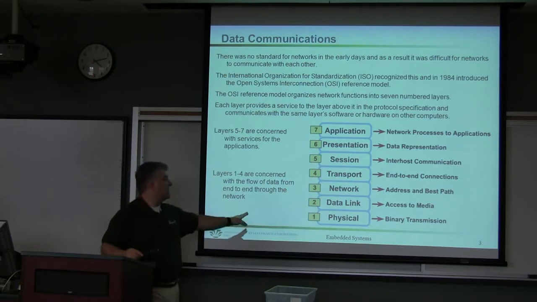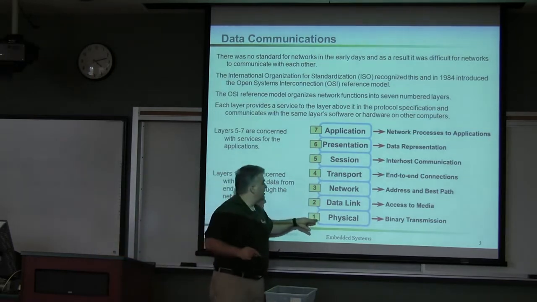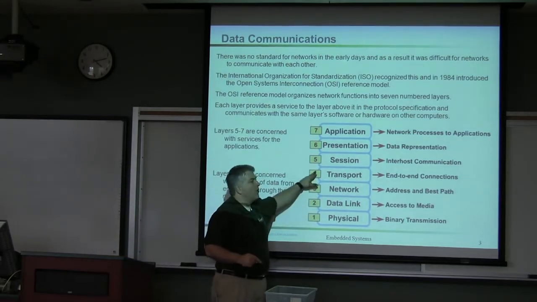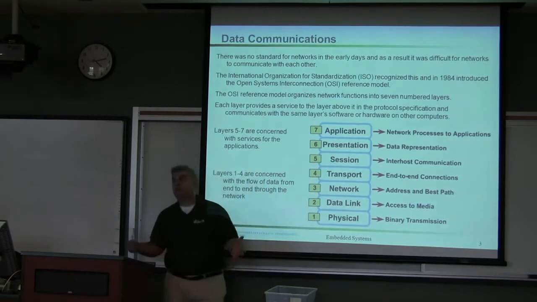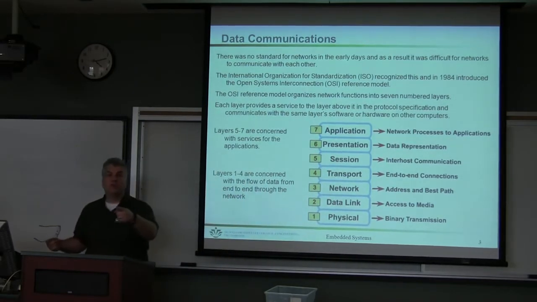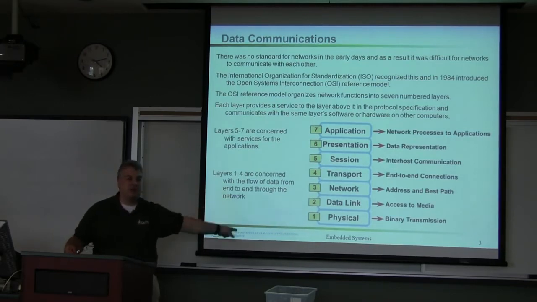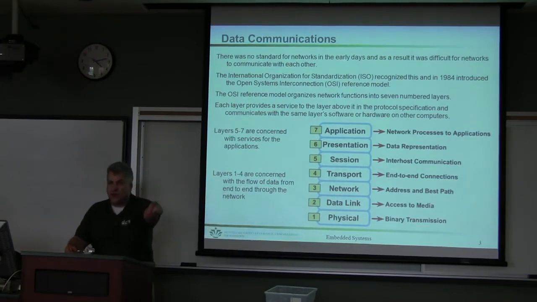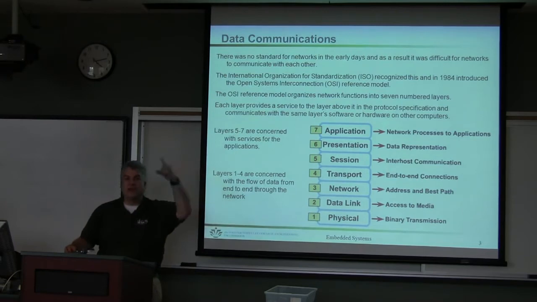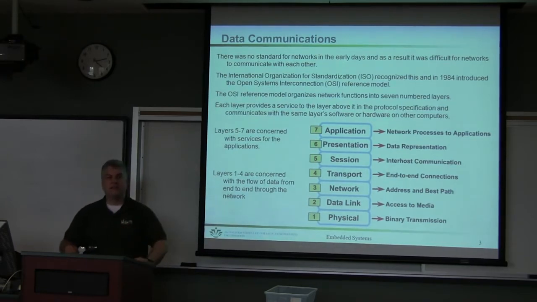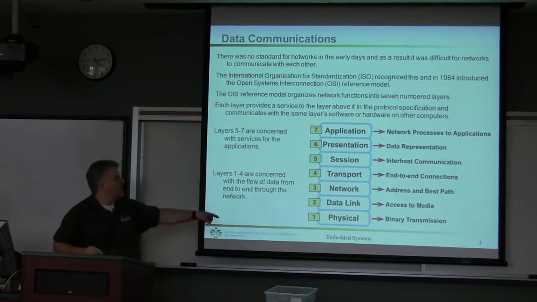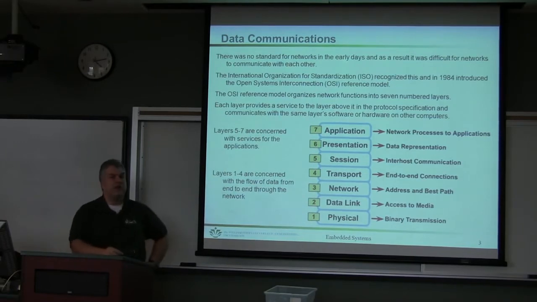So you'll typically see data go through layers 1 through 4, like between one computer here, and it hops to a router, and then it hops to another router, and hops to another router. And then when it gets to its end destination, another computer somewhere else, then it will go all the way through layer number 7.